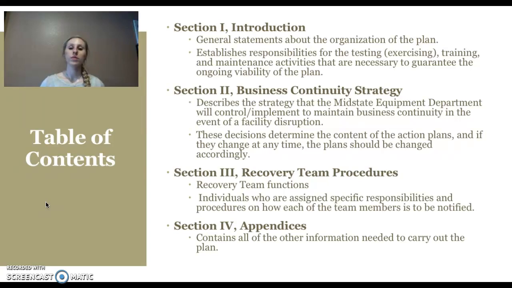Section 3 provides the recovery team procedures and assigns specific responsibilities within the plan. And Section 4 provides appendices including the mission critical functions, recovery or resource requirements, vital records, and much more.